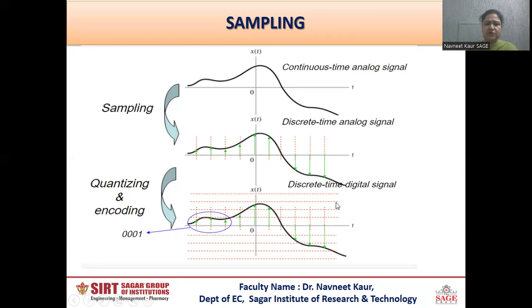Say this quantized level has a code 0, 1, 0, 0. Then this sample value will be encoded into the form of ones and zeros and will be assigned the code 0, 1, 0, 0. So in this way, a continuous time analog signal is converted into a discrete time analog signal through the process of sampling. Then it is converted into a discrete time digital signal through quantization and encoding.